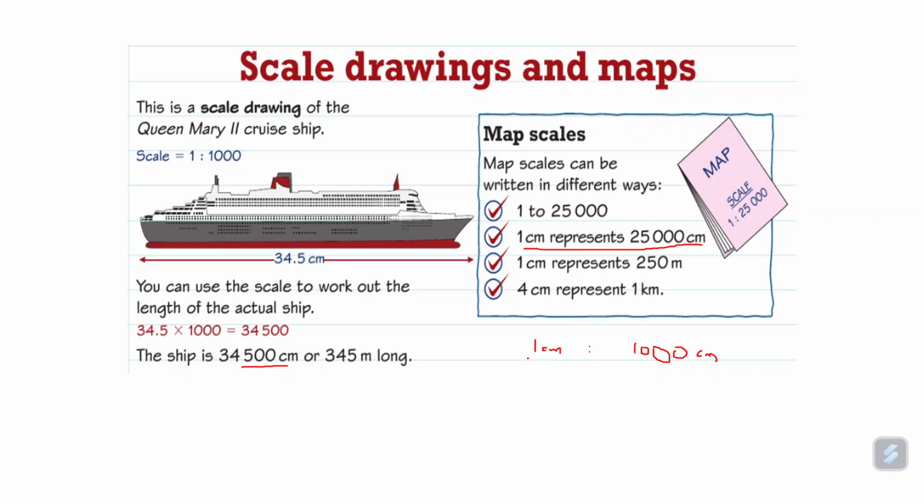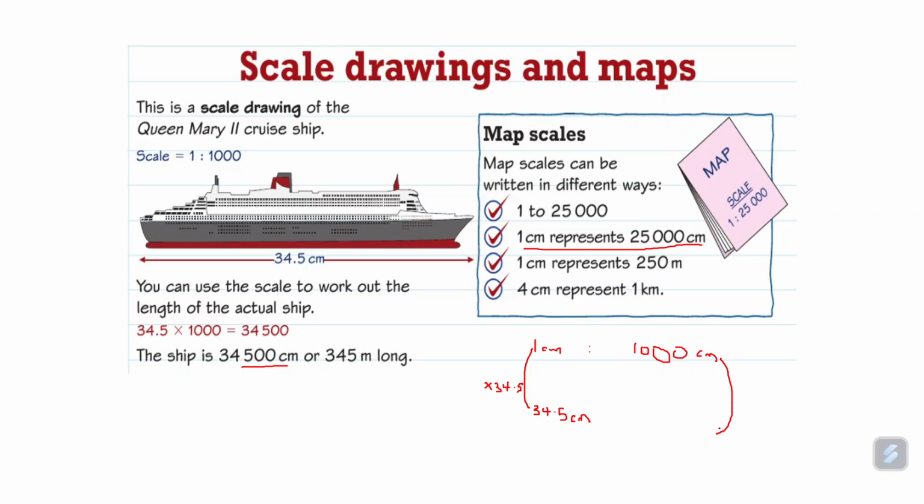On paper, if you use your ruler and measure this, the measurement on paper gives you 34.5 centimeters. Remember, whatever you do on the left, you do to the right.